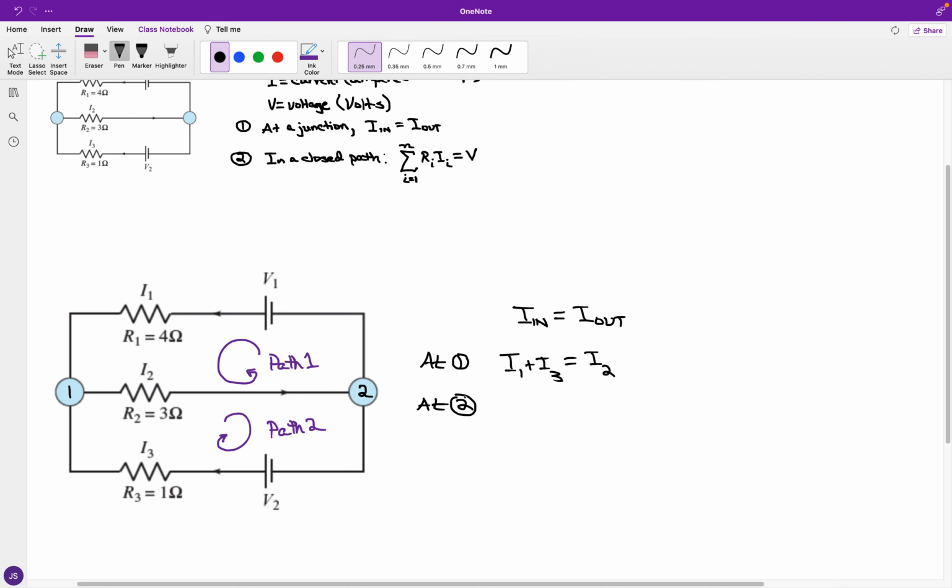Notice that at the second junction, I2 is approaching, as indicated by the right arrow, and then going away we have I1 and I3. And if you notice, these equations are commutative property equivalents of each other.